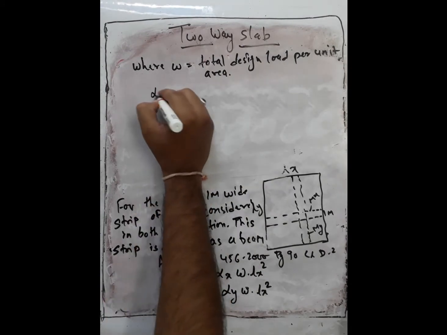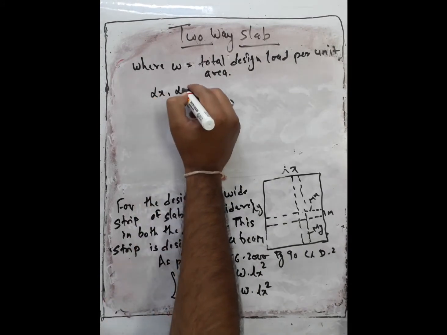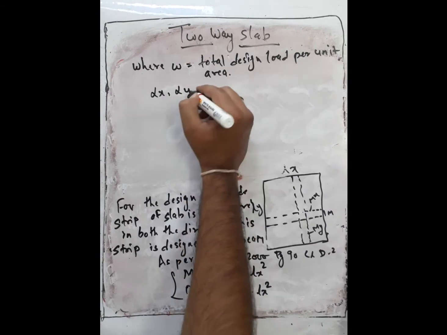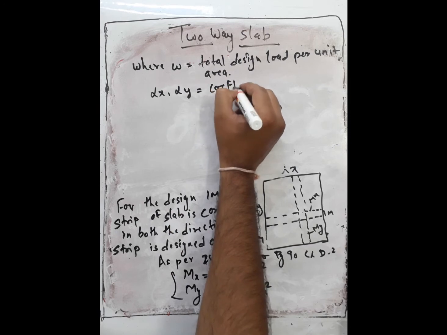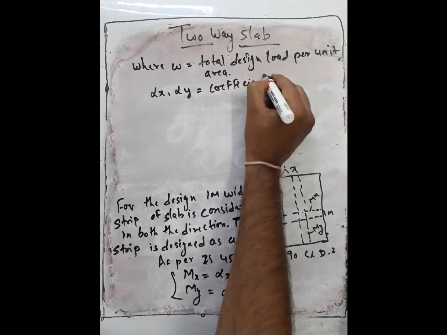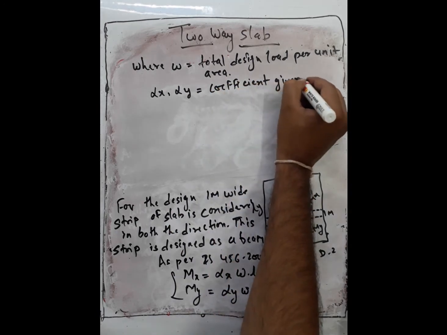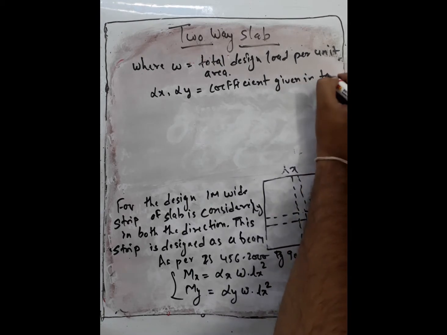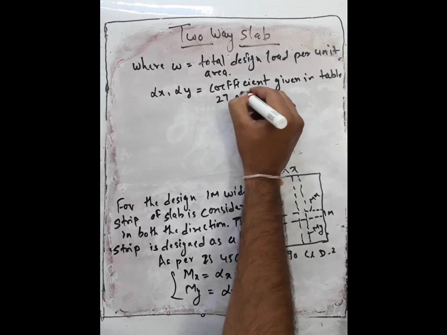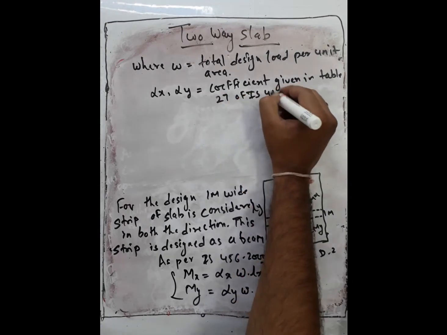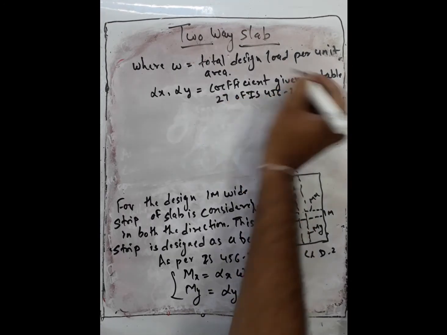Alpha x and alpha y are the coefficients given in Table 27 of IS 456:2000.